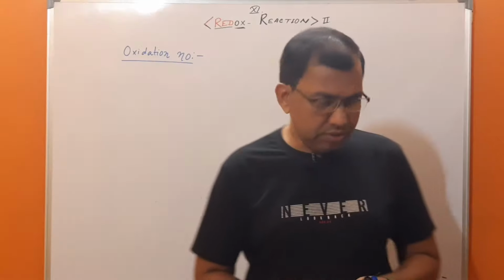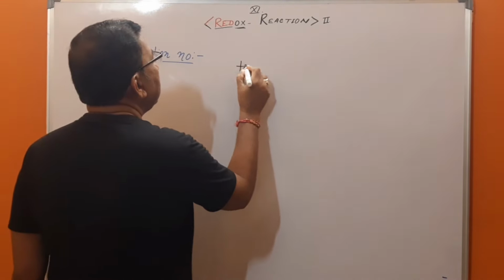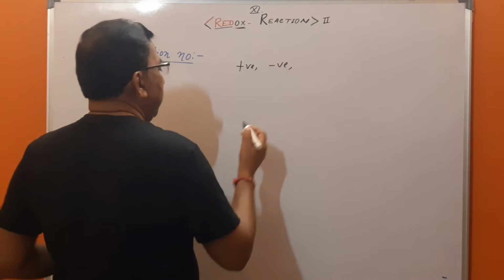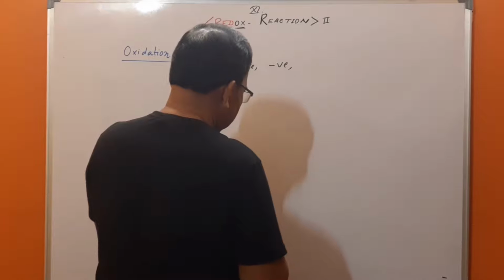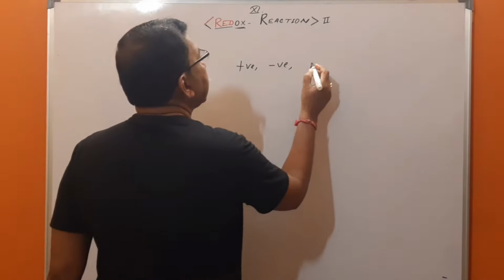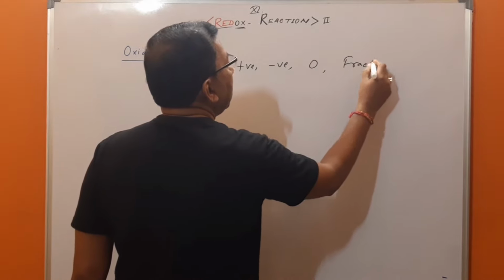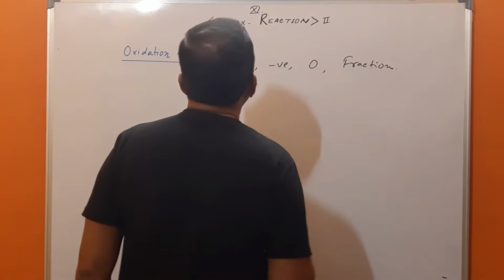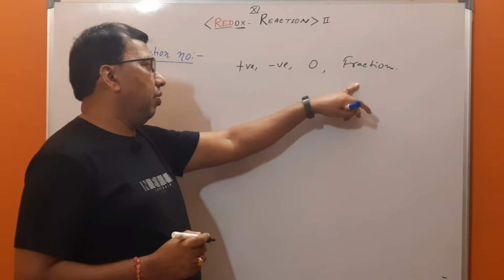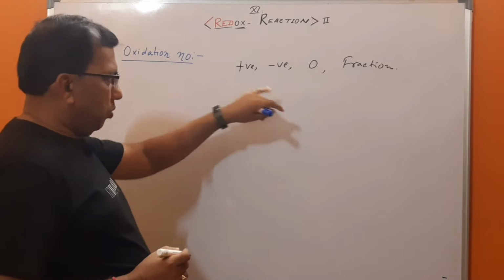Oxidation number may be positive, negative, zero, or fractional. I will discuss one by one.